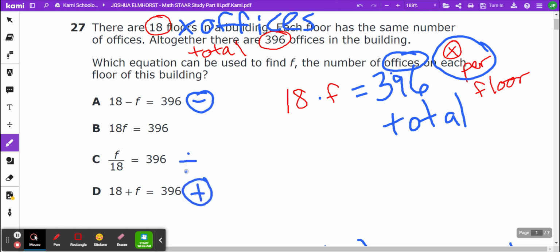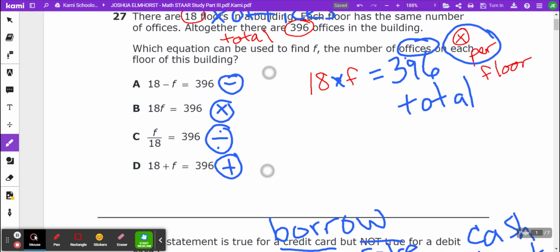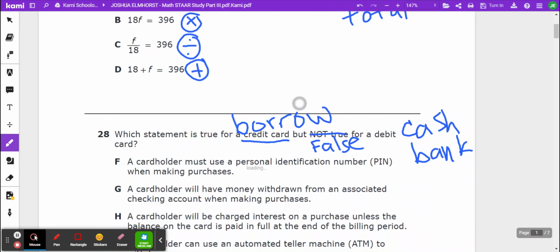The fraction line means division, and then this one means you are multiplying. So if you don't see subtraction, addition, division, then the one without the symbol is our multiplication symbol. So this means multiplying, but 18 floors times the number of offices gives you a total of 396 offices. So go ahead and make your selection.